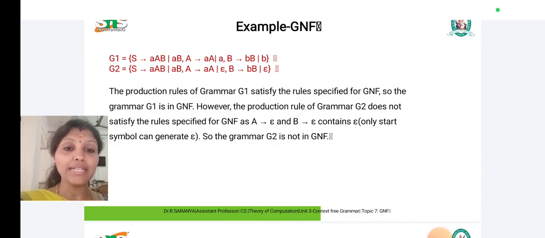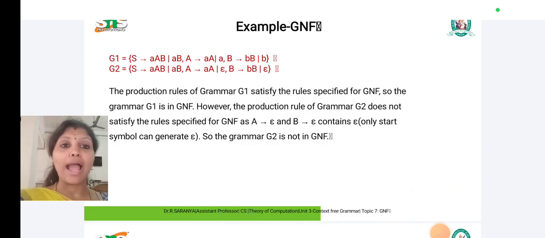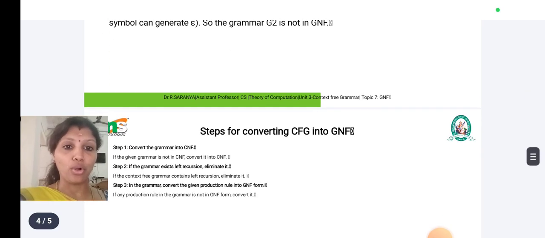Only the start symbol should generate an epsilon. If epsilon is derived in between, it is not considered Greibach normal form. In this way, we have to check the conditions and the grammars, so that we can analyze whether the given grammar is a formal grammar or not.